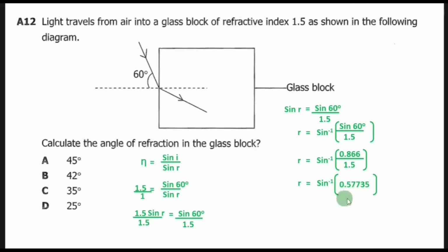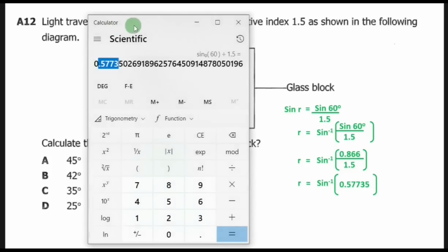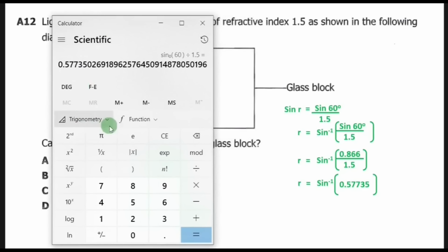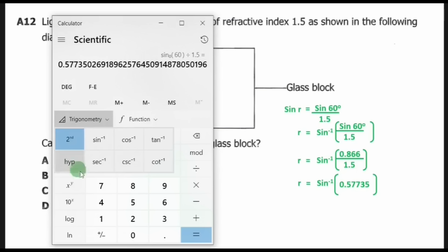Once you find that, you now use the inverse. Your calculator and mine may be different, but on your calculator there's a function we call shift, or second shift.